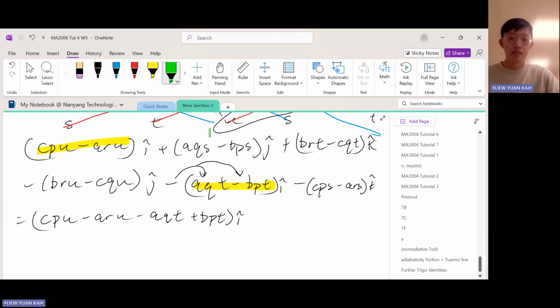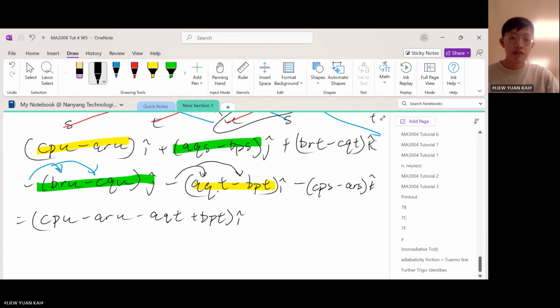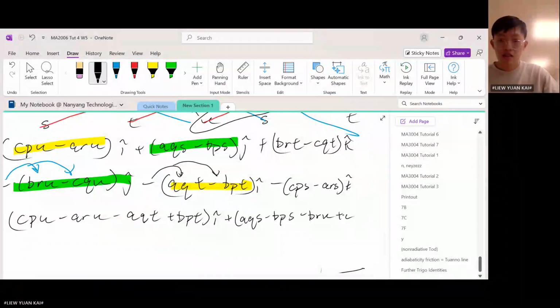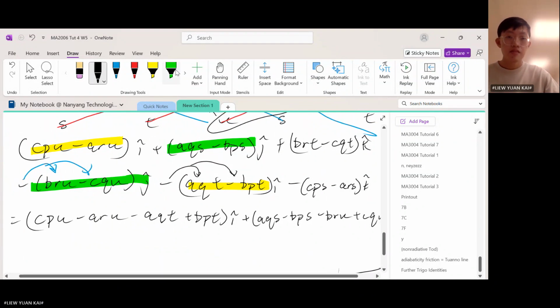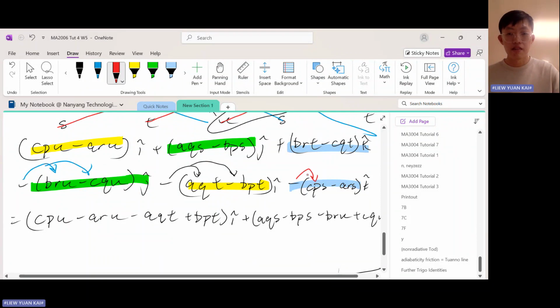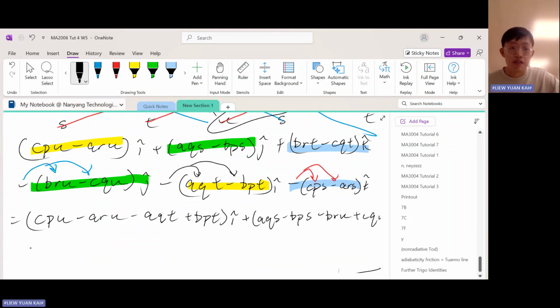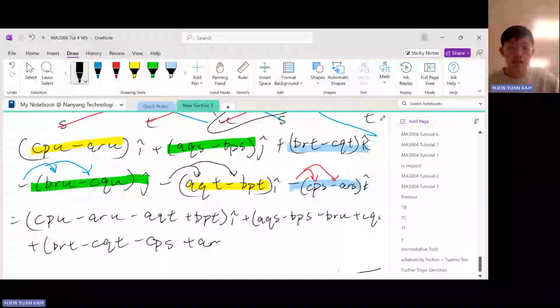Then the J components, this and this, expanding the negative signs: plus AQS minus BPS minus BRU plus CQU J. And lastly, the K terms, expanding the negative signs: BRT minus CQT minus CPS plus ARS K.